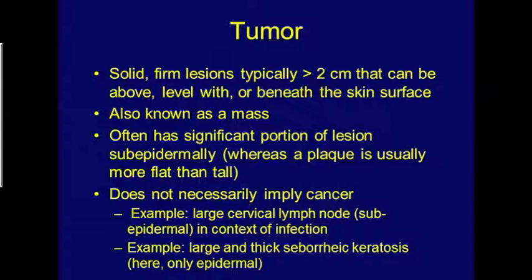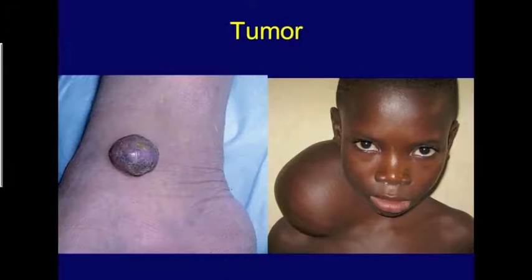A plaque is usually flat, whereas a tumor is usually more of an exophytic mass that can be seen in the skin. So you can have cervical nodes that are more of a mass, and you can have a tumor of mycosis fungoides, which could be a real tumor. So it is really almost a matter of semantics.